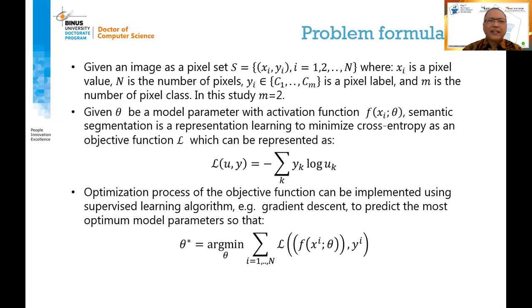Training a semantic segmentation model is basically a process to choose the best approximated model for a mapping function from data to label using a learning algorithm, which is basically an optimization problem of an objective function. Here the objective function is cross entropy, and the learning algorithms, such as stochastic gradient descent, Adam, and many more, are used to obtain the most optimum model parameters.